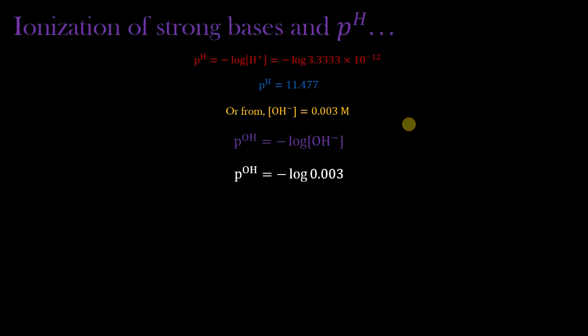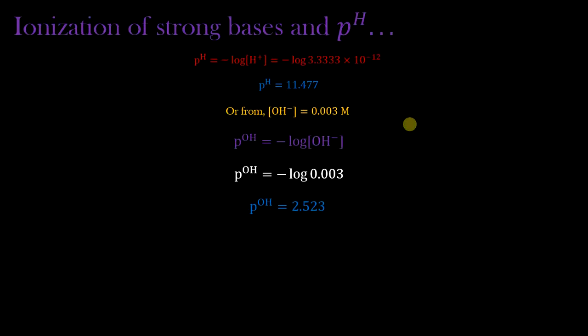So substituting that, that would give us a pOH of 2.523, and our pOH can roughly be 2.5.